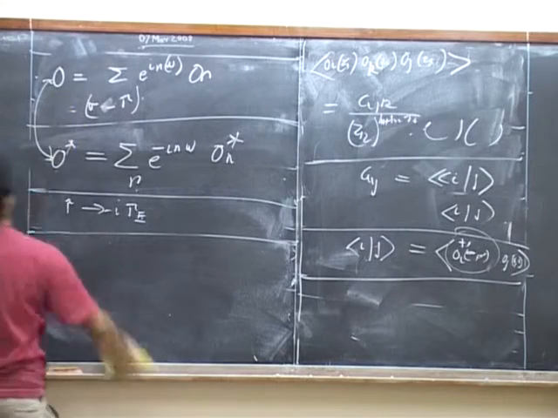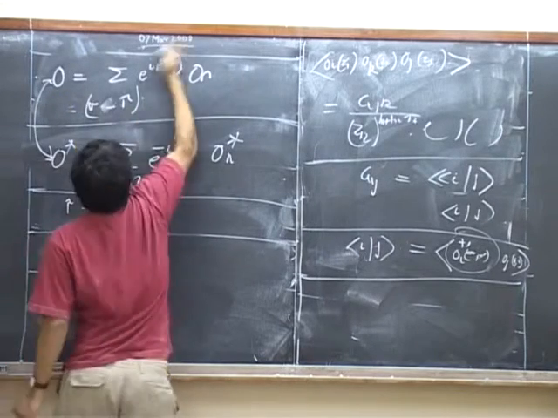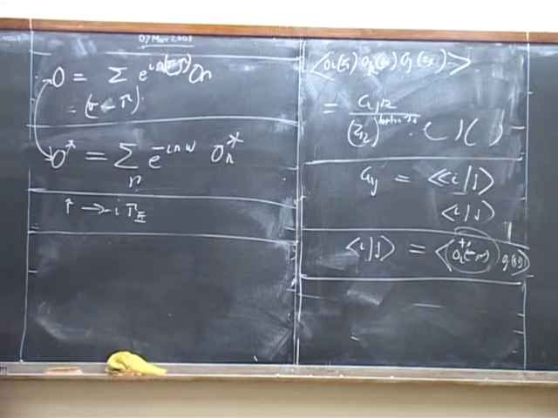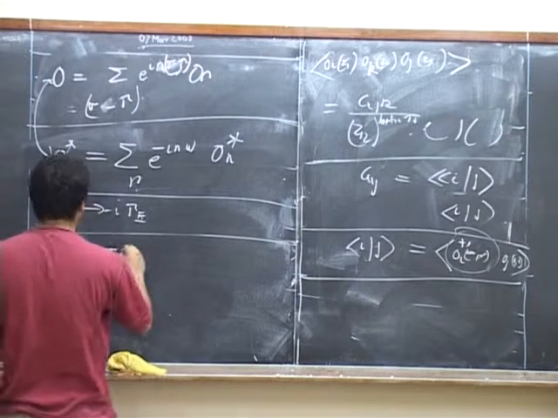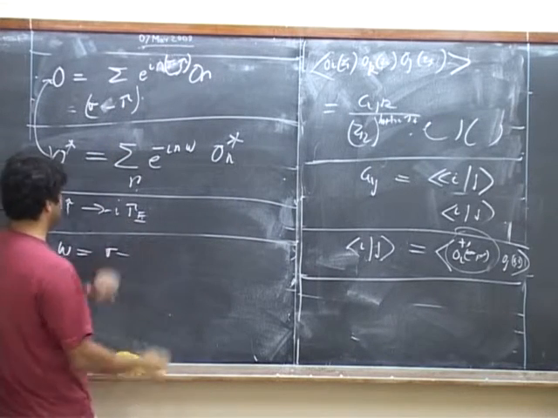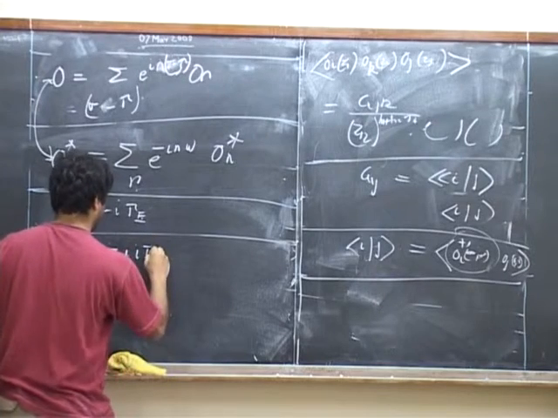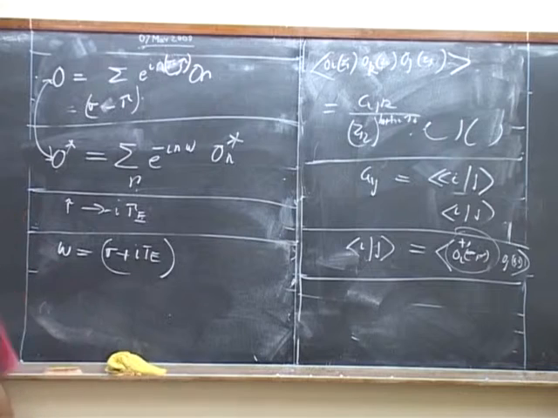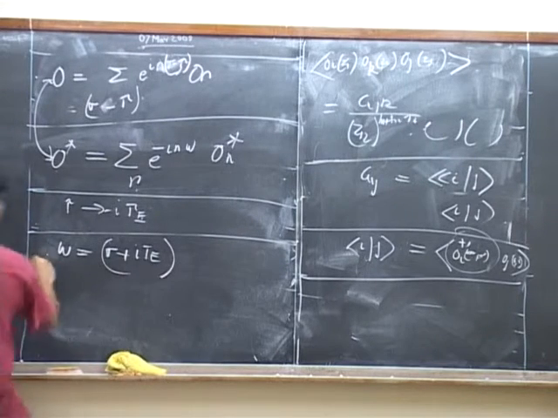Let's call this something else. Let's call this sigma minus 3. There's no need for a name. Now we define W, which is sigma minus, and then tau under this replacement, plus I times tau. This thing is now what we want.